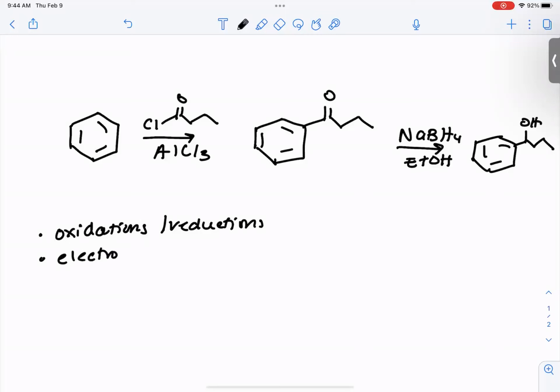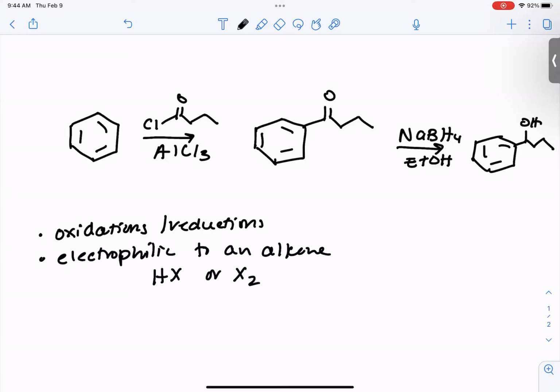Electrophilic addition to an alkene. Okay, that's where we did the HX or the X2 addition. And also know your elimination reactions, so how to make alkenes.